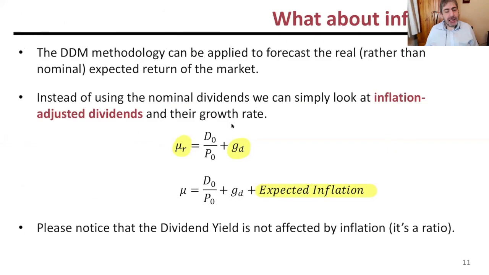Now, can anybody in chat tell me if they have an intuition of why we are doing this mess with inflation? Why are we taking away the inflation from here? We calculated the growth rate of dividends without inflation, and then we add the inflation back. Why are we going through all this pain?